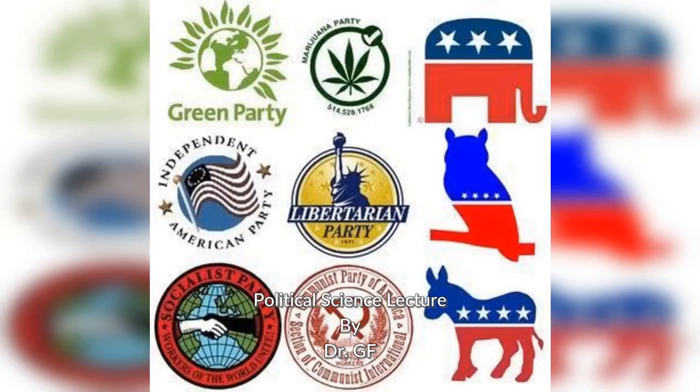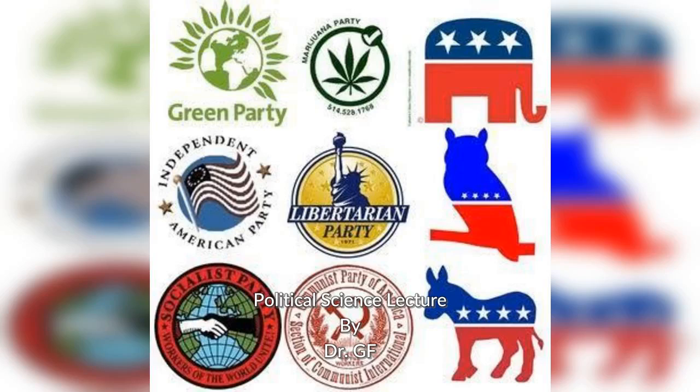Some political candidates and many voters choose not to identify with a particular political party, and in some states, independents are not allowed to vote in primary elections, but in others, they can vote in any primary election of their choice.